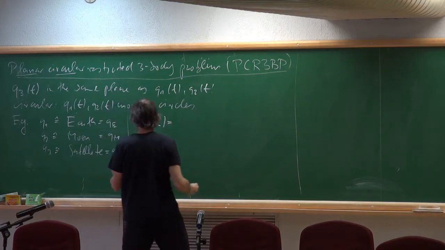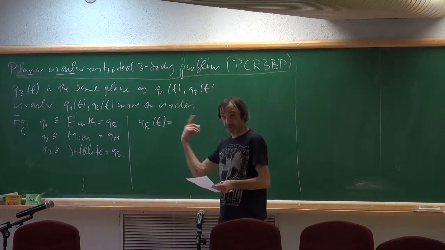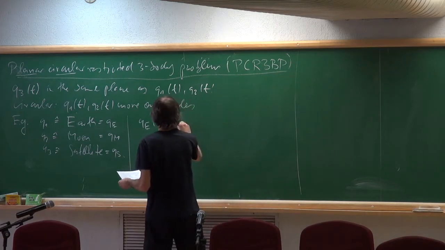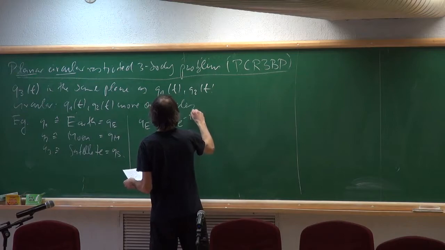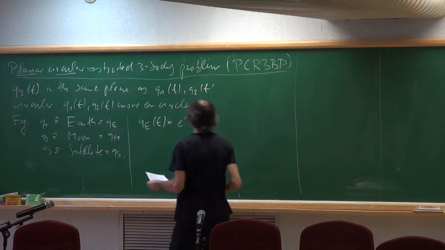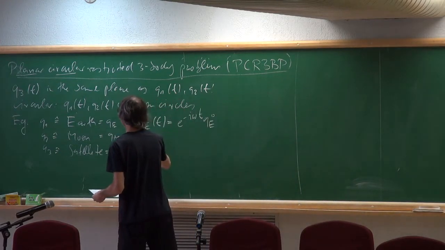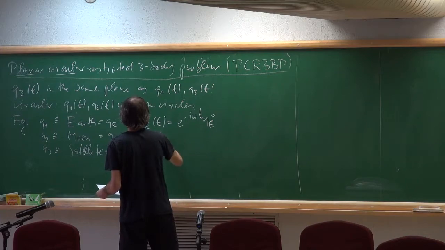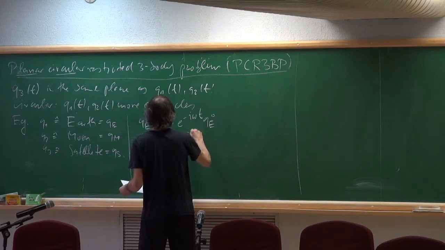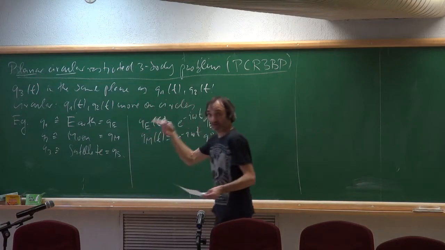So this is now in the plane, and I view the plane again as a complex plane, so I can use complex notation. So we write it as e to the minus I omega t times some fixed vector at time 0, and likewise for the Moon. So they go around clockwise.